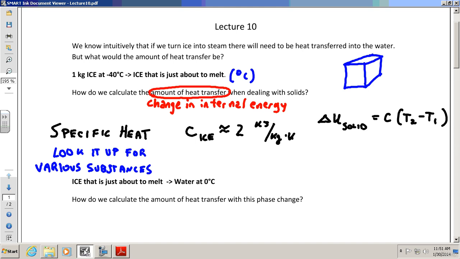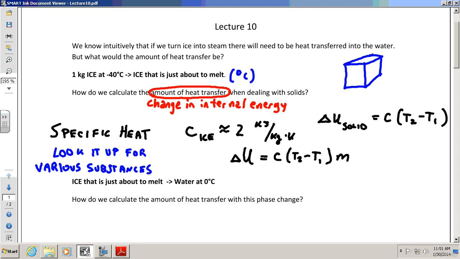So let's do this as an example. The change in internal energy, and I'm going to do big U because remember I said 1 kilogram. So the change in internal energy is equal to C times T2 minus T1 multiplied by the mass. The mass is just 1 kilogram here. Okay?